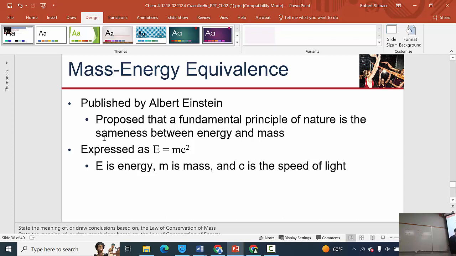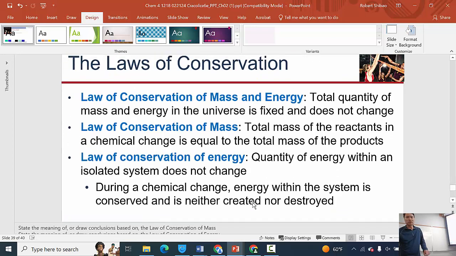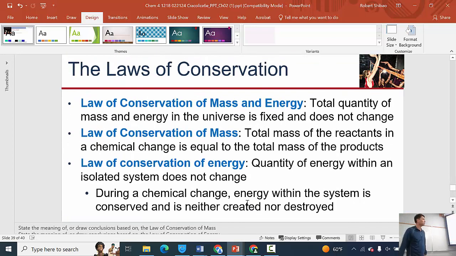The changes are so small that the conservation of mass and conservation of energy for chemists stays the same. If you're a nuclear chemist, then we would worry about mass not being conserved and energy not being conserved and the relationship between mass and energy. And so you'd have to be aware of that. And so that ends chapter 2 there with the law of conservation of mass and energy here.